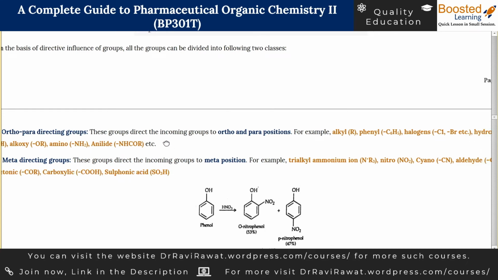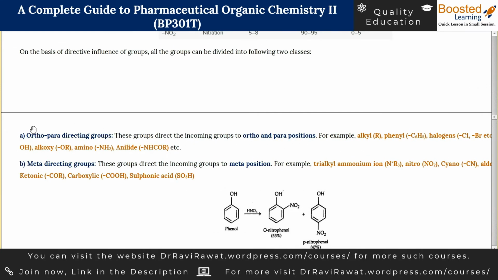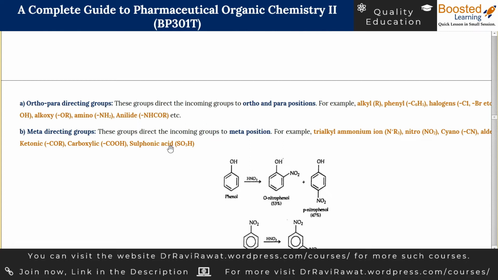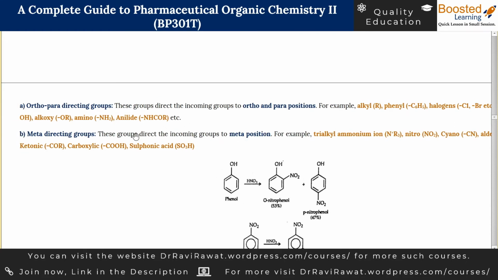So the same examples which we have studied in the activating groups are also the examples of ortho and para directing groups. Similarly, those groups which are deactivating to the benzene ring are always going to direct the incoming electrophile to the meta position. This is the trend they follow. Activating groups are ortho and para-directing groups, and deactivating groups are meta-directing groups.